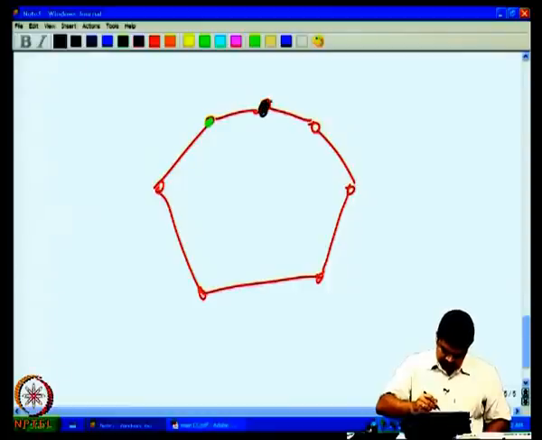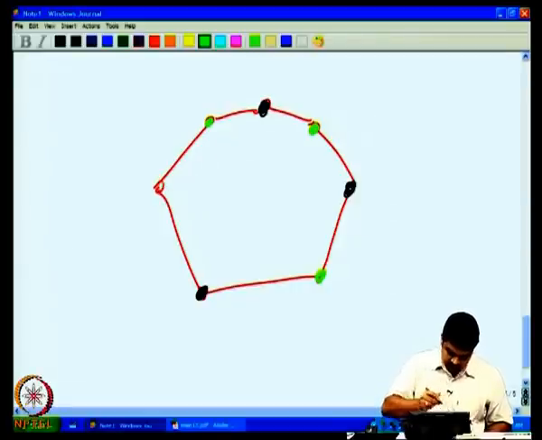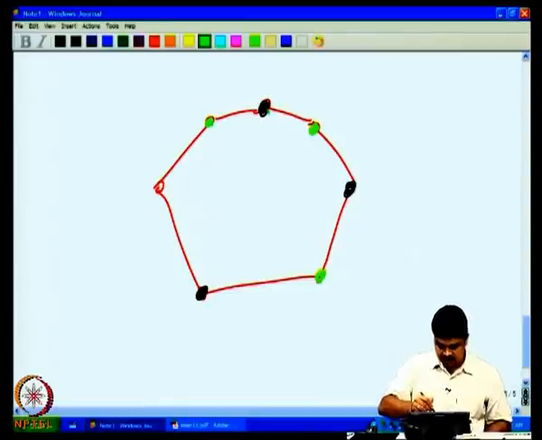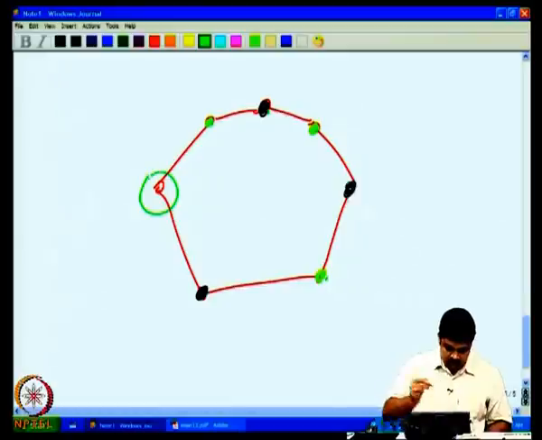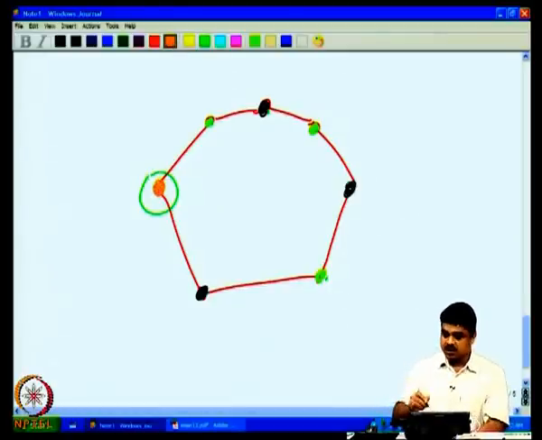So this one, this one, and this one, this one. Here I have a conflict, because I have green here, black here, green here, black here, green here, black here. Here what will I do? I cannot give green, I cannot give black. So I will have to use a new color. So you can see that it requires 3 colors.